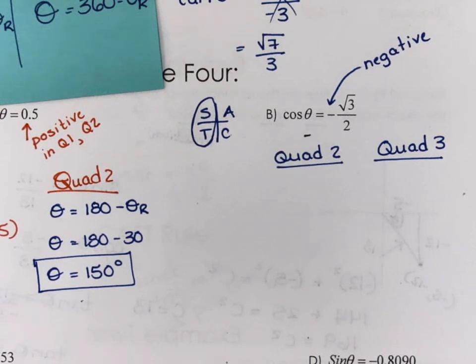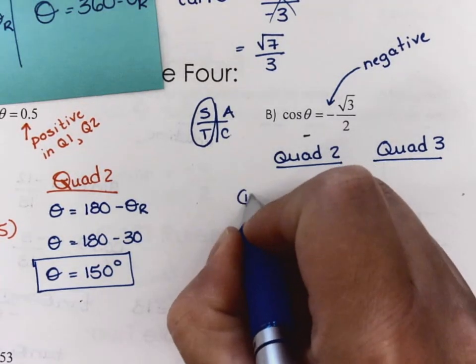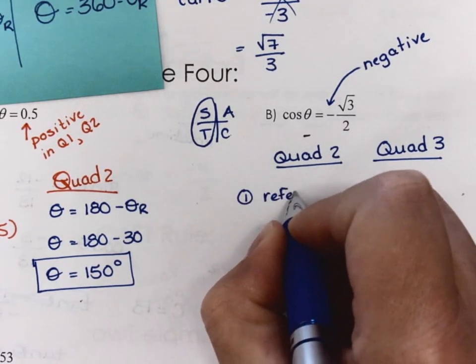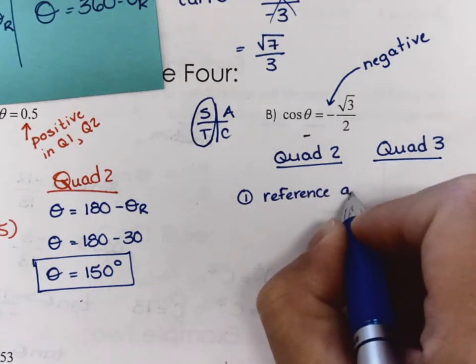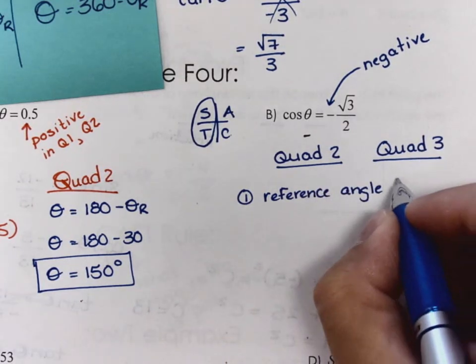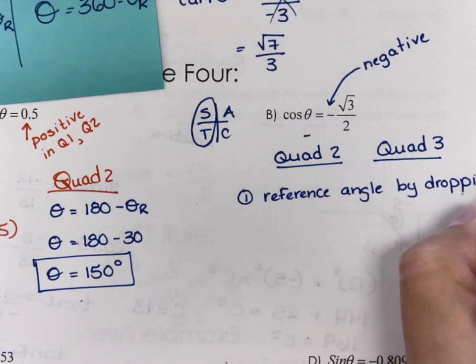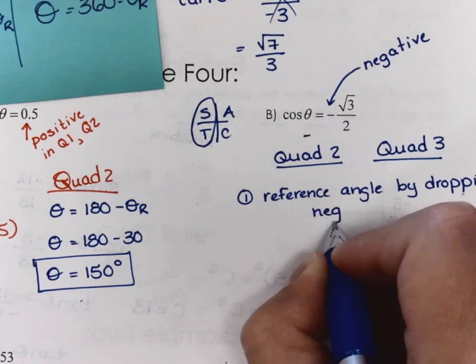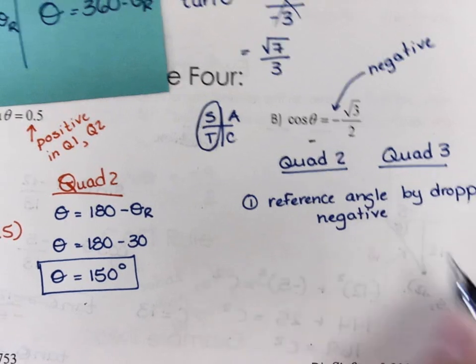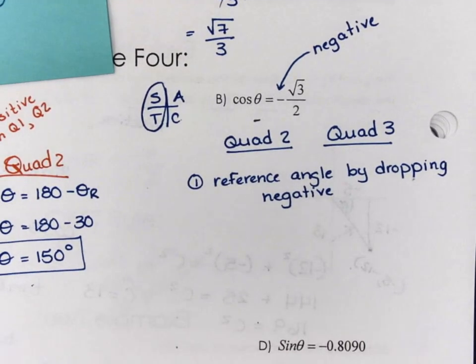Okay, but this one didn't have an answer for quadrant 1. So how do I find my reference angle? Because I need my reference angle to solve for those. So step 1, you have to find the reference angle. You're going to solve the reference angle by dropping the negative.